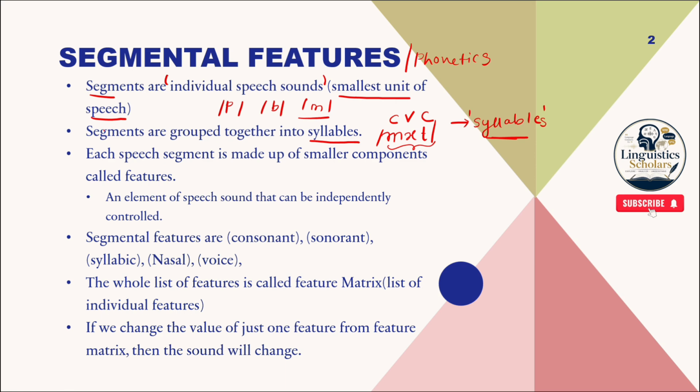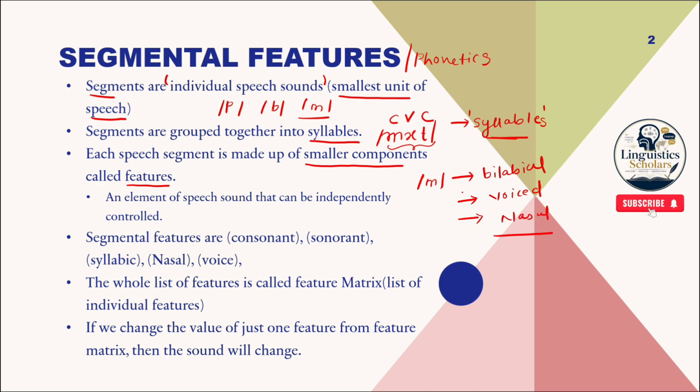Each segment is made up of smaller components called features. These features are, as I mentioned in the previous videos, M is a bilabial sound, M is a voiced sound, and M is a nasal sound.